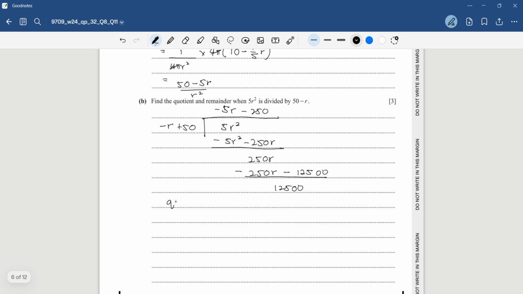Therefore the quotient is negative 5r minus 250, and the remainder equals 12500.